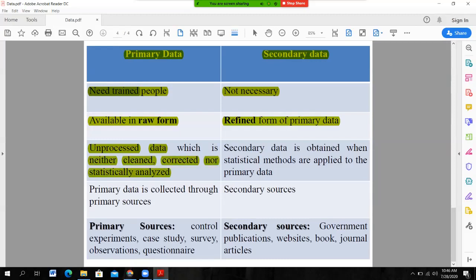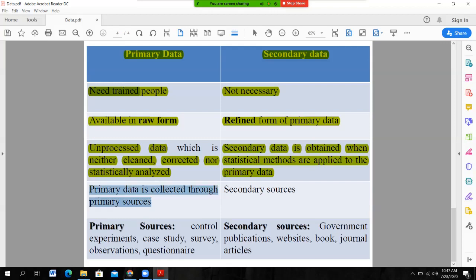While secondary data is obtained when a statistical method is applied to the primary data. When raw form of data is passed through statistical analysis, then it becomes secondary data. Then we call it a refined form of data or processed data.